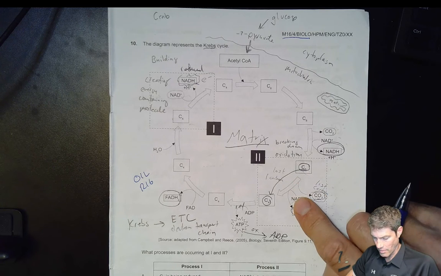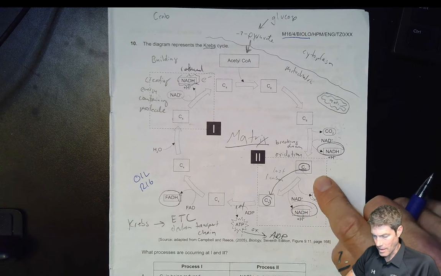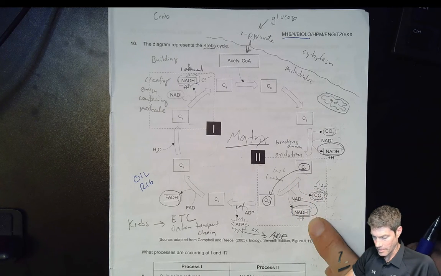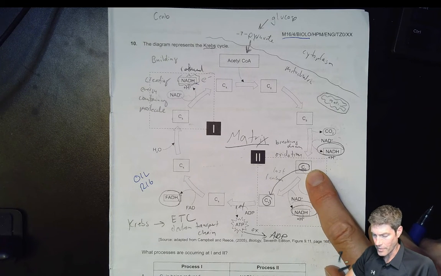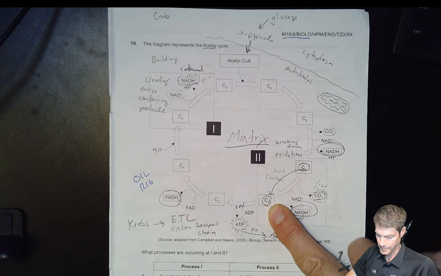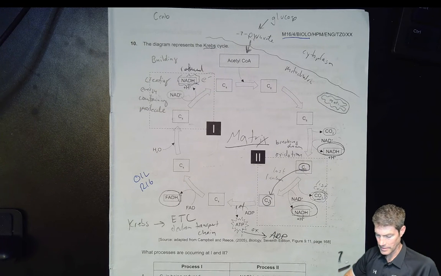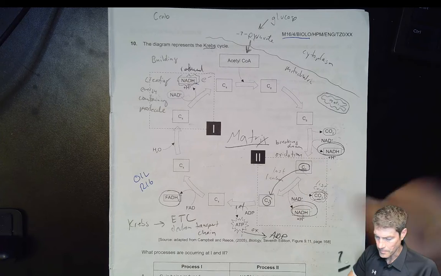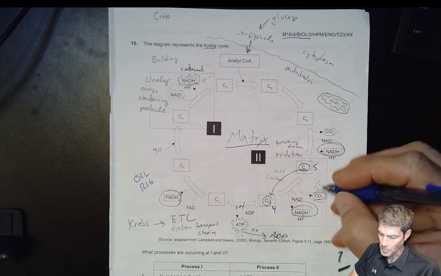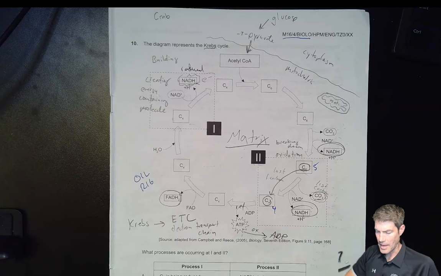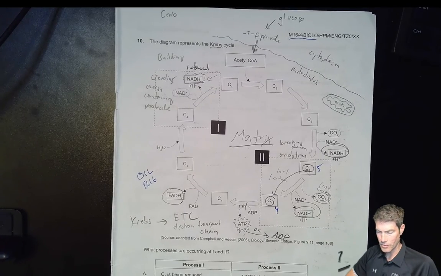And over here, we're seeing a decarboxylation where the CO2, we're seeing the carbon 5 go to carbon 4. Decarboxylation means you lost a carbon. Carbon 5, carbon 4, and that carbon came from that CO2 molecule.